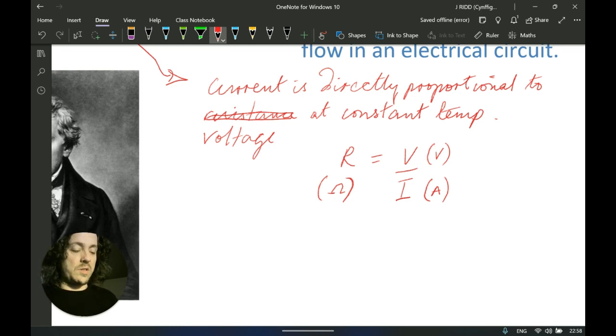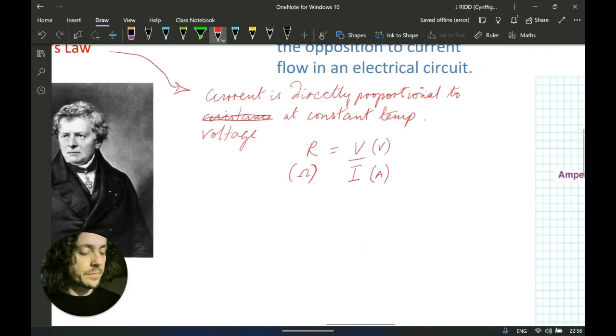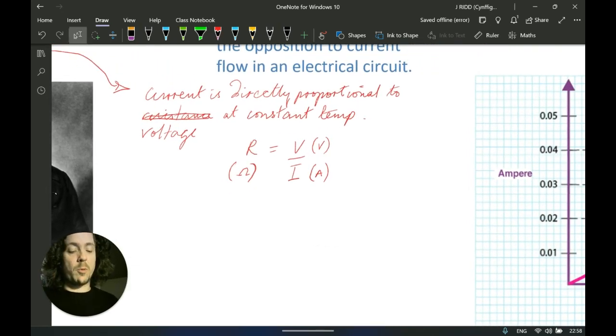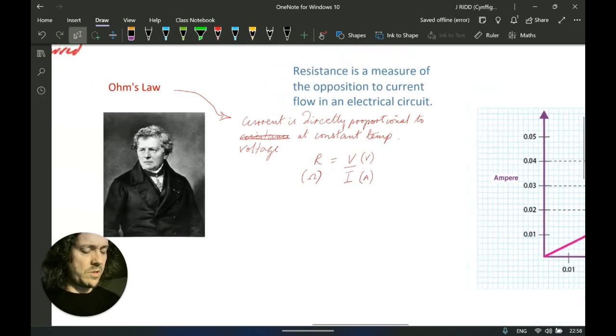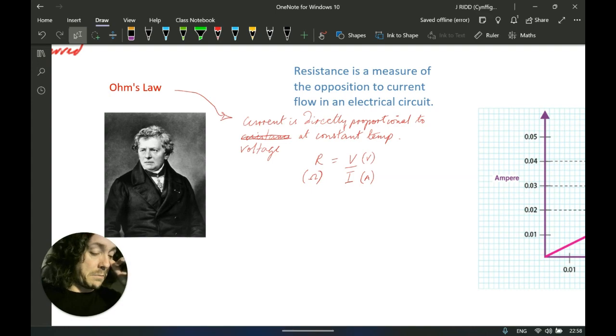Essentially what we're looking at here is the ratio between voltage and current. That's what resistance is, the ratio of those two quantities. And of course you can pop that in a formula triangle, but you guys are probably past that now, being A-level students and all. You don't need formula triangles anymore.